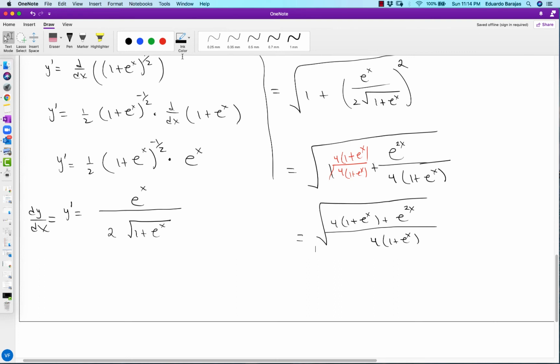So now distributing this 4 goes there, this 4 goes there, distributing it, we get 4 plus 4e to the x plus e to the 2x all over 4 times 1 plus e to the x, all of that still inside that square root. Okay, let's make some space over here.